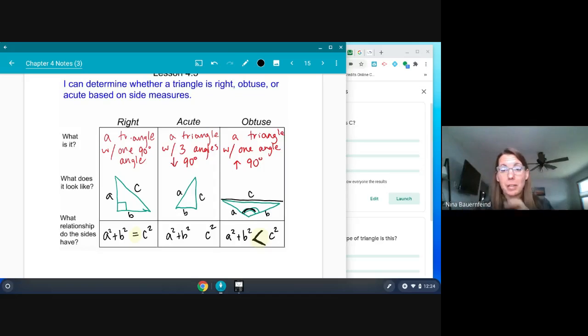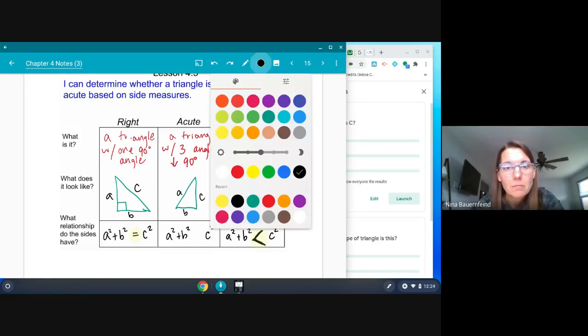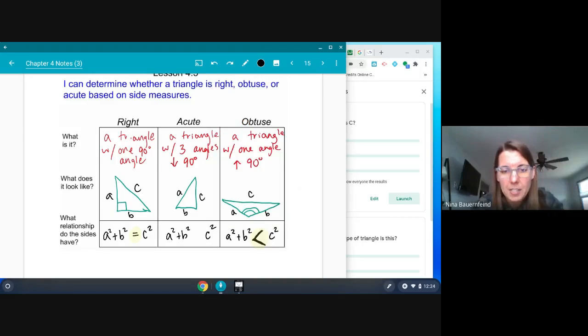It's bigger than 2 sides combined, because on this side we combine 2 sides. So if C squared is bigger than the other 2, then it is an obtuse triangle. And then the last symbol means that A and B are bigger. That would mean it's an acute triangle.